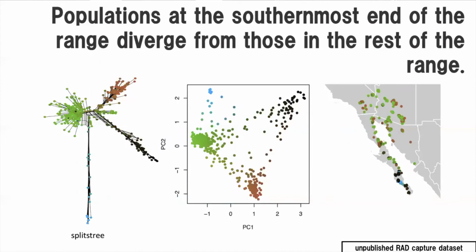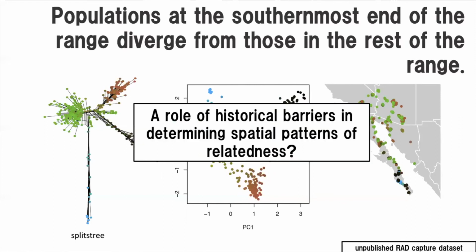And then I've colored the location of the individuals in the study on the map and have done a preliminary SplitsTree analysis here. So you can see that there's this strong differentiation of individuals at the southernmost end of the range, and then kind of multiple clusters in the rest of the range.